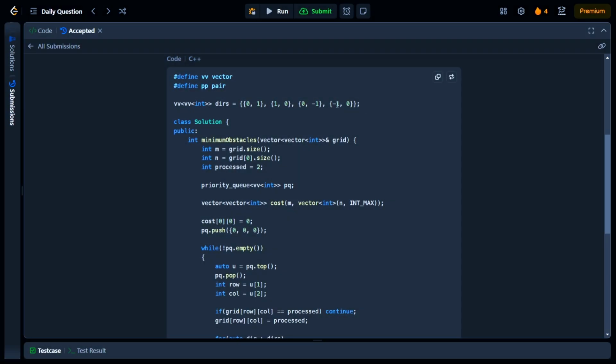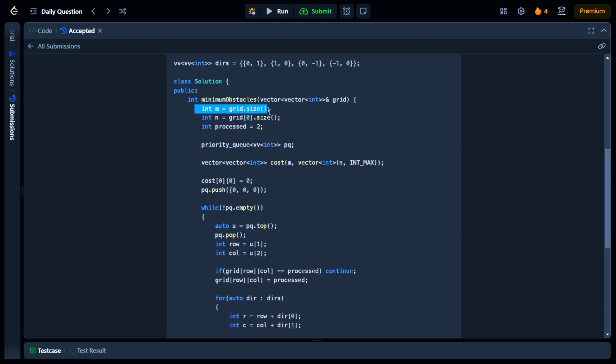We have the directions when you're given a grid, so you might want to have these directions. They will represent right, left, down, and up. And then we have the grid, M and N, and processed. Processed is basically when we're done with a node or a grid cell, we mark it processed so that we never process it again.